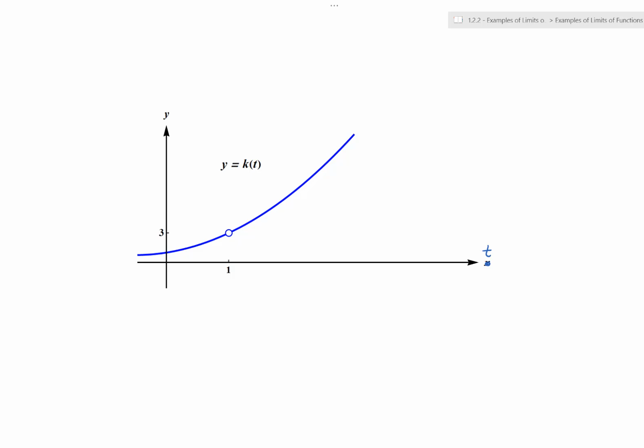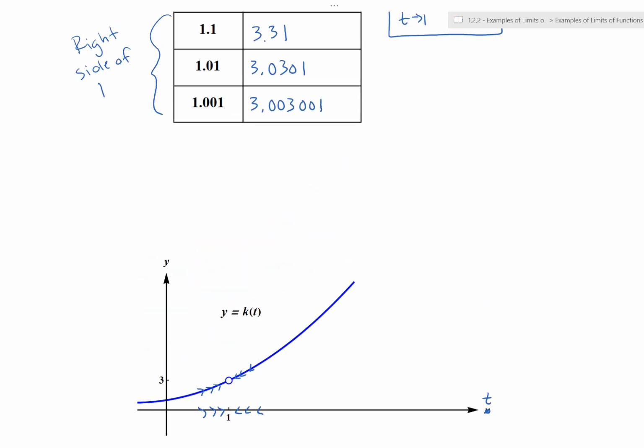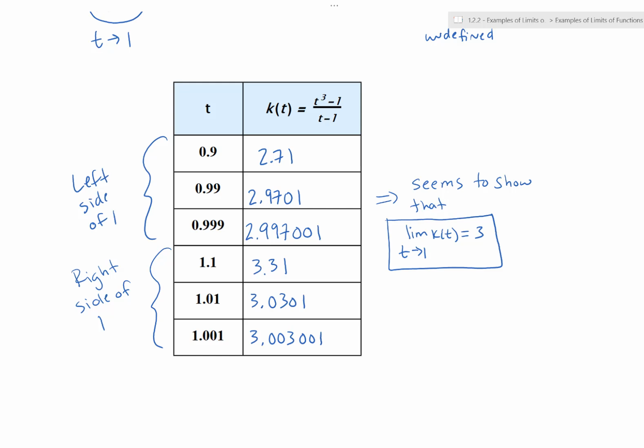That hole, otherwise known as a removable discontinuity, shows that as we are approaching t is 1 on both sides of 1, this function is indeed getting closer and closer to the output value of 3. And so it's nice to see that graphically as well, because it verifies what we constructed in our table to be true.